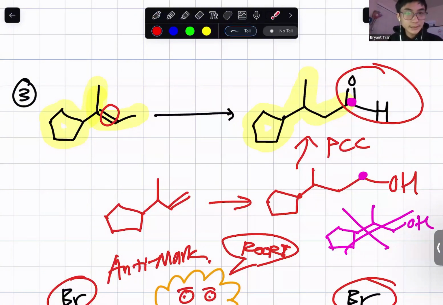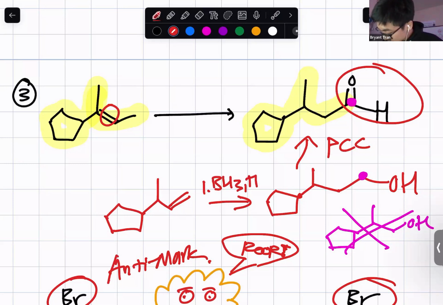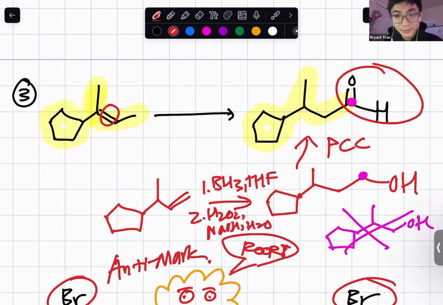Because E2 reactions, elimination reactions, create alkenes. Hydroboration oxidation: BH3, THF, second step, H2O2, NaOH, water. And now, like Vladimir said, we see this less substituted alkene. Now we want to do E2 Hofmann with LDA.